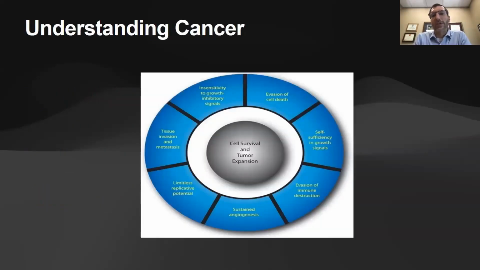So the first thing is understanding how and why we get cancer, to the point where it grows so that you would need to have an airway managed. Cancers basically have to create their own little environment. The first thing they have to do is escape the immune system, get around our immune system.